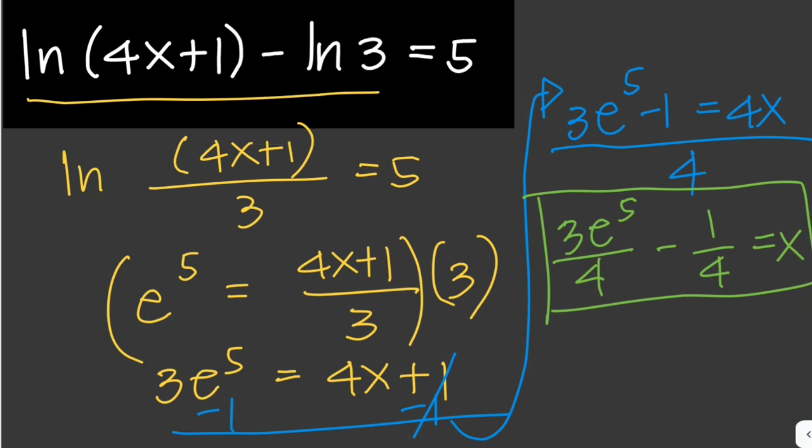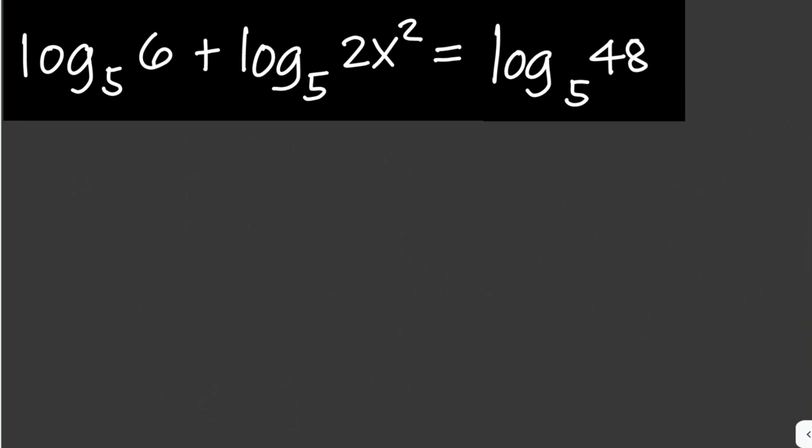Okay, let's solve another one. So we have logarithm of 6 to the base 5 plus logarithm of 2x squared to the base 5 equals the logarithm of 48 to the base 5. So we can use the properties of a logarithm here.